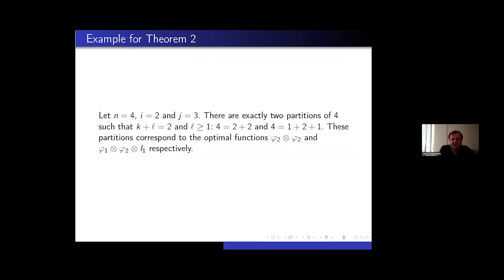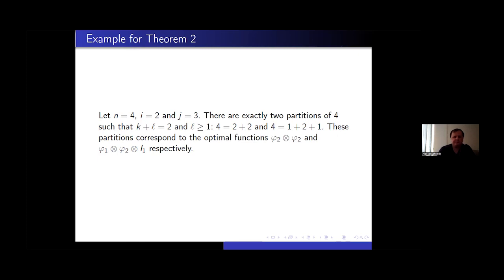We have the partitions 4 equals 2 plus 2, and 4 equals 1 plus 2 plus 1. And these partitions correspond to the optimal functions phi2 times phi2 and phi1 times phi2 times phi1 respectively.